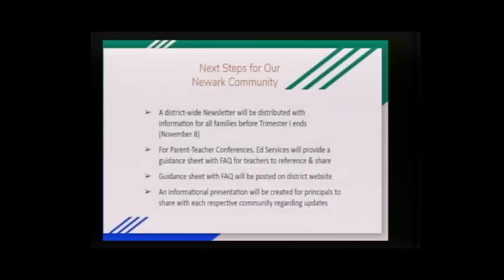For parent-teacher conferences, we want to provide the guidance sheet that answers frequently asked questions so that there's reference and support. And there'll be an informational presentation created for each of the principals, or Ed Services can come out to speak with the staff so that they feel supported in speaking with parents in those parent-teacher conferences.